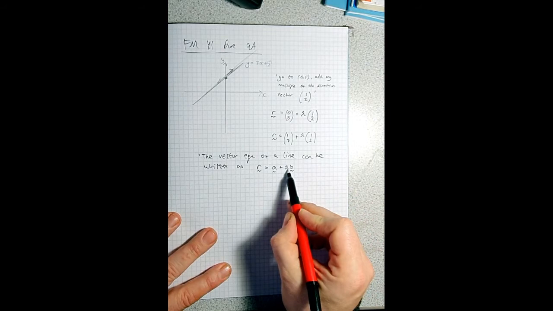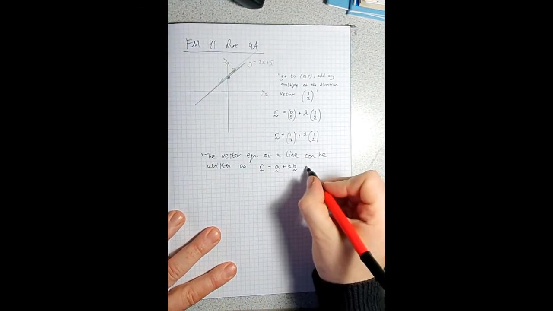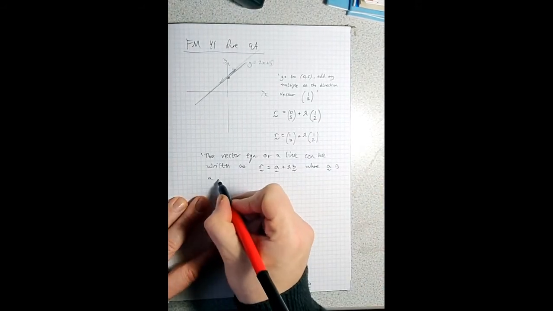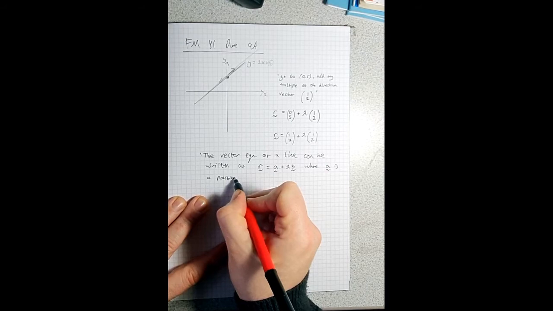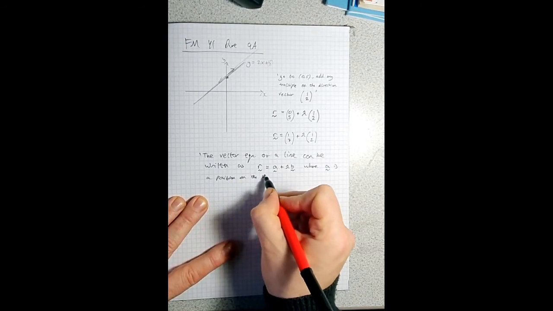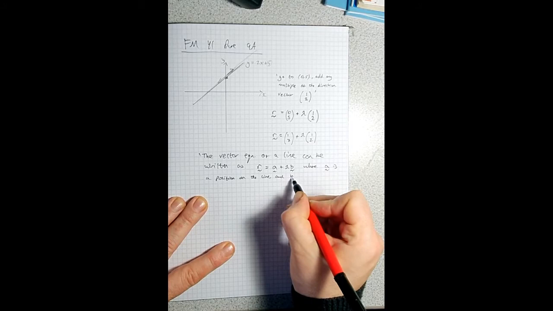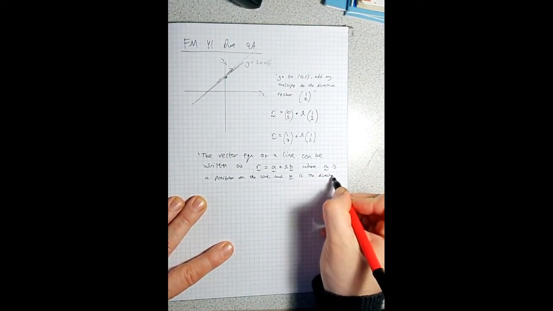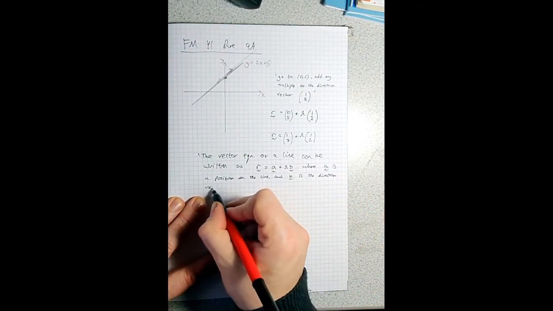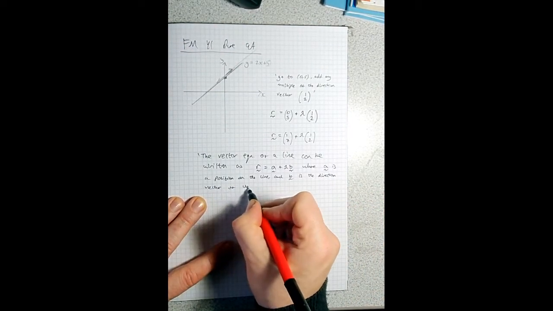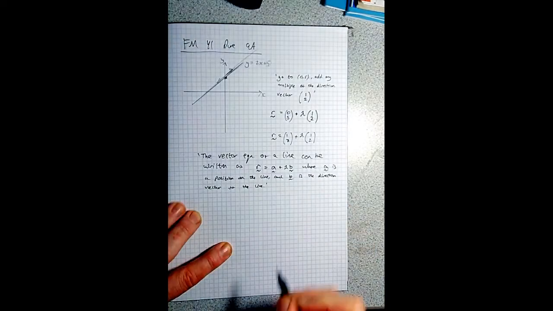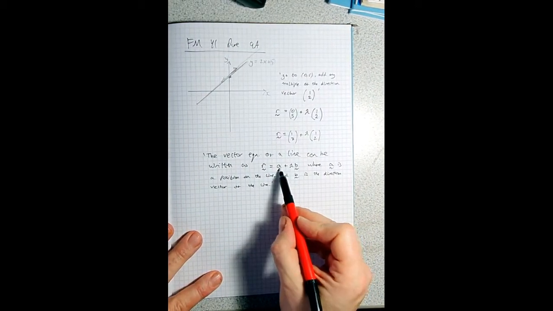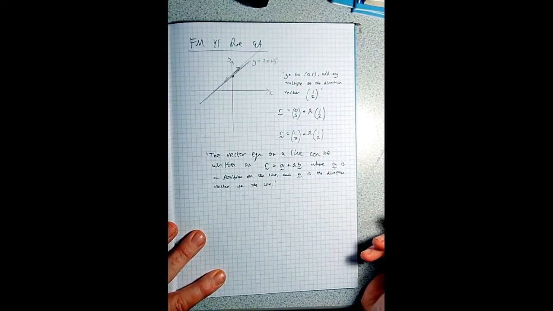Notice lambda's not a vector, lambda's a scalar, where a is a position on the line or a point on the line, and b is the direction vector of the line. And it doesn't matter if a and b are 2D or 3D.